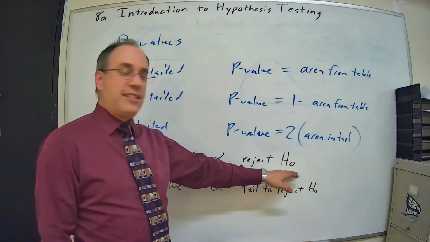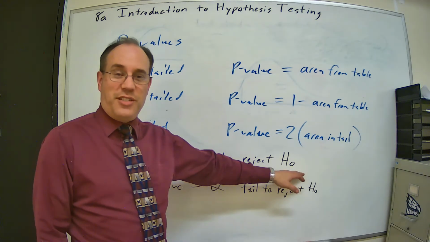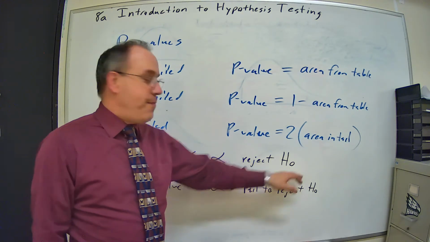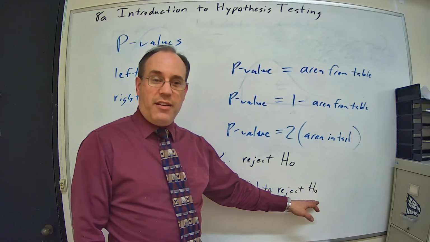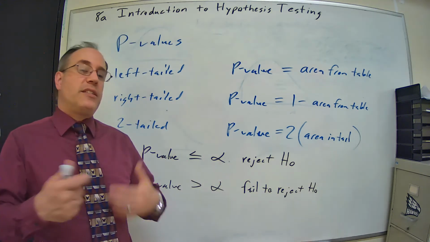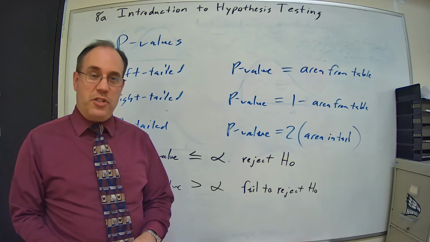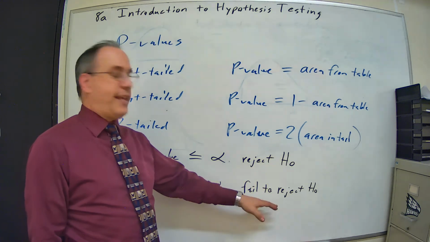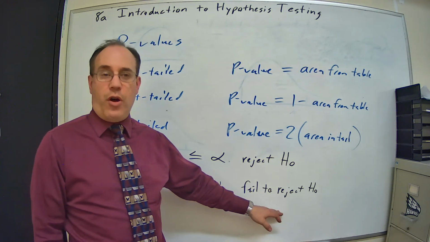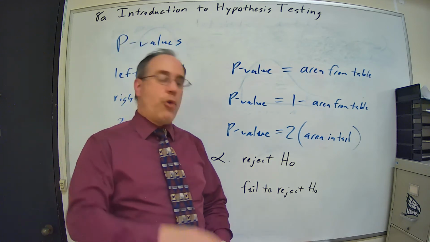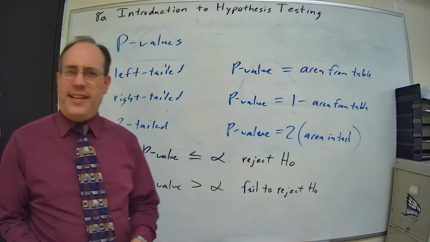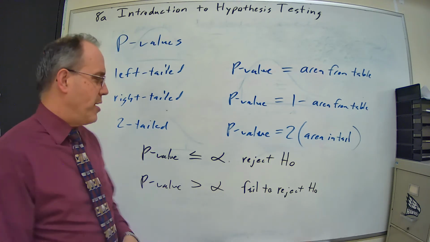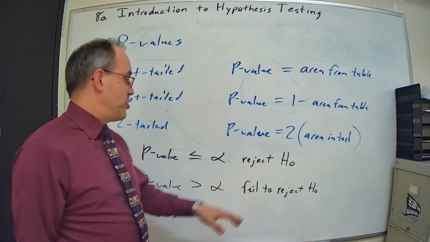Either I reject the null hypothesis, I reject what she's saying, and I can prove it, or I am unable to reject what she's saying, but I don't accept what she's saying. It's just a matter of I can prove it or I can't. I can prove it wrong or I can't prove it wrong, but it's never right. Now, don't tell her about that. It's not true. Sometimes I accept what she says as being right. Okay? I'm not that bad of a husband.